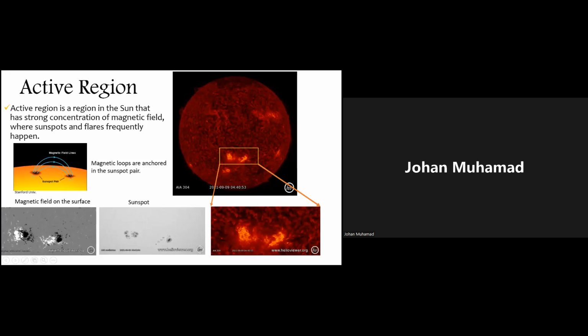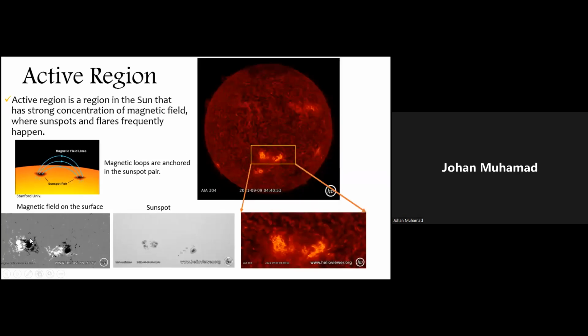The white region represents the positive polarity region, and the black region shows the negative polarity region. So we can see there's a couple of magnetic fields like this.